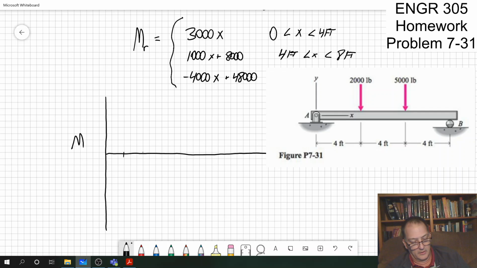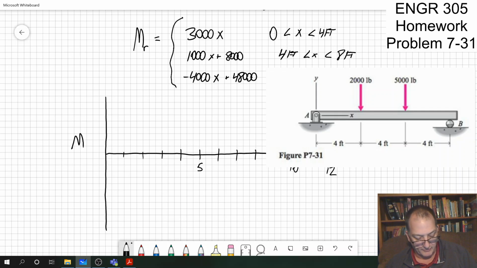So 1, 2, 3, 4, 5, 6, 7, 8, 9, 10, 11, 12. So 3,000 times x goes out to 12,000. I'm going to only do half of that, because that's going to go way too big. I'm going to actually divide by 6, honestly. So 3,000 is only going to go up 2 squares.